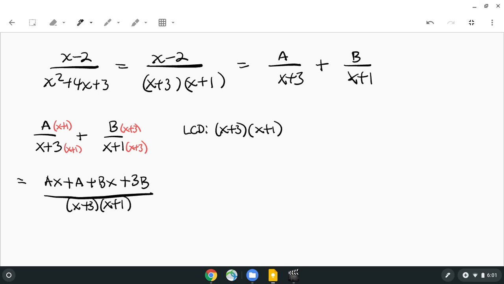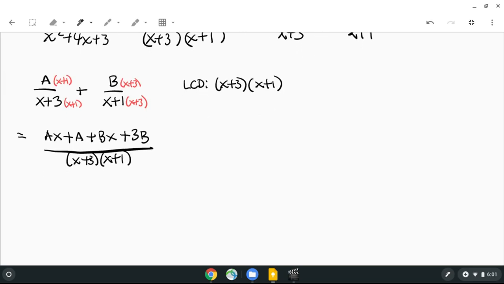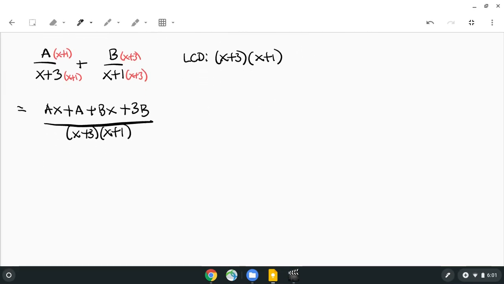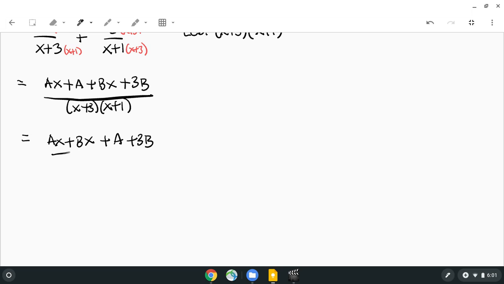Again, at this point your denominator takes a back seat, and it's all about setting up that numerator. Reorganizing the numerator so that the like terms are together, I'm going to put the Ax and the Bx together, and the A and the 3B together, all over (x + 3)(x + 1).